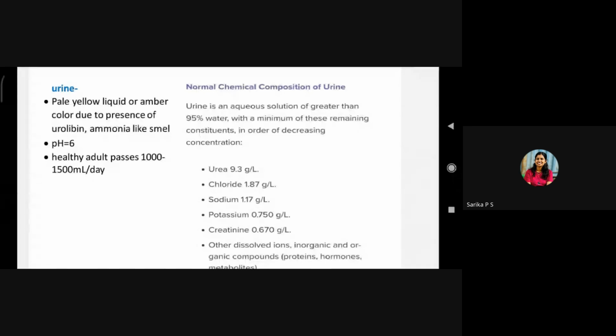Below 7 is acidic. Okay, right? Yes. So a healthy adult passes about 1 to 1.5 liters of urine per day. This is the range for healthy adults, that is 1 to 1.5 liters per day.